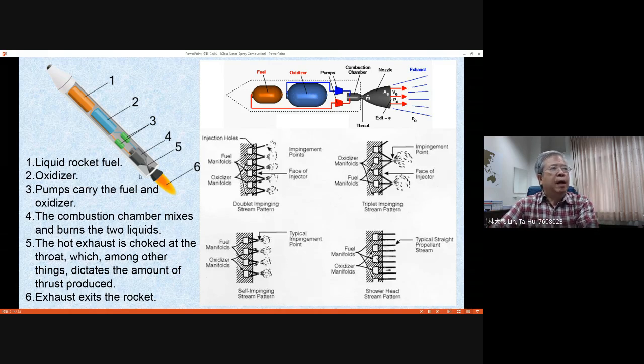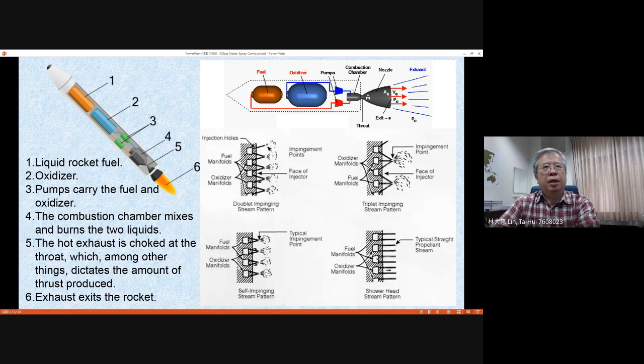Now I try to give you some understanding about the mixing of the liquid fuel and the liquid oxidizer by atomization, which then produces the burning. You can see the typical configuration: fuel and oxidizer are supplied to the pumps separately, and those pumps provide the pressure on the liquid fuel and also the liquid oxidizer to make a good atomization.